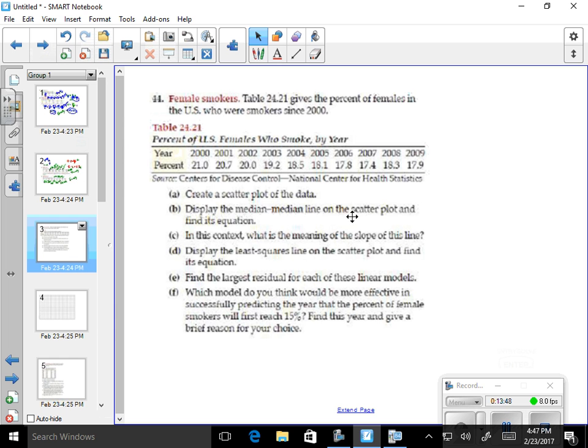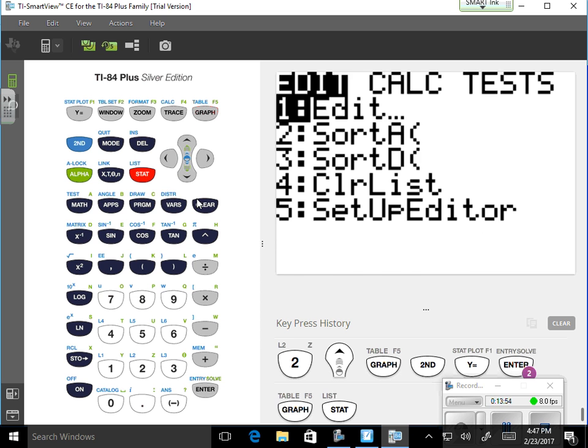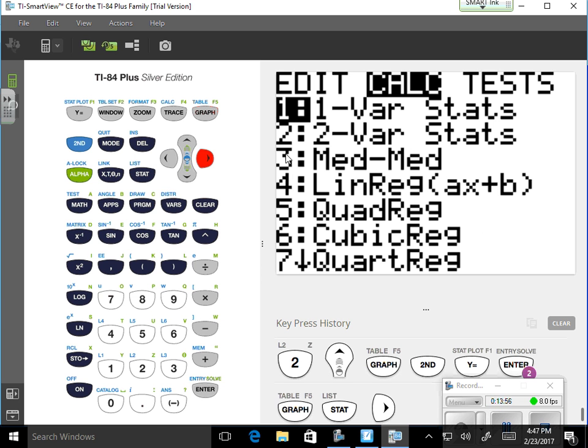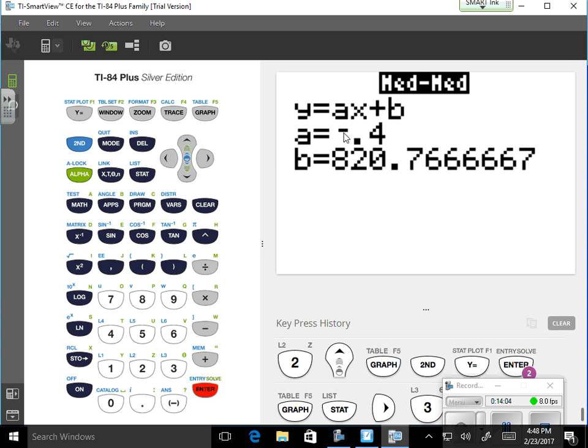Then display the median line on the scatter plot and find its equation. So to get the median line, go to Stat, over to Calc, number 3. You will just press enter. So I get Y equals negative 0.4x plus, we'll call it 821.